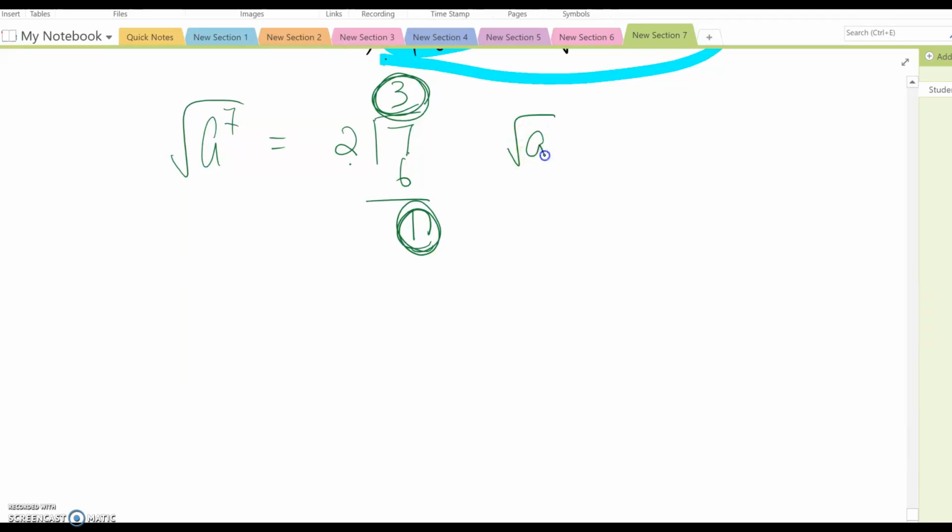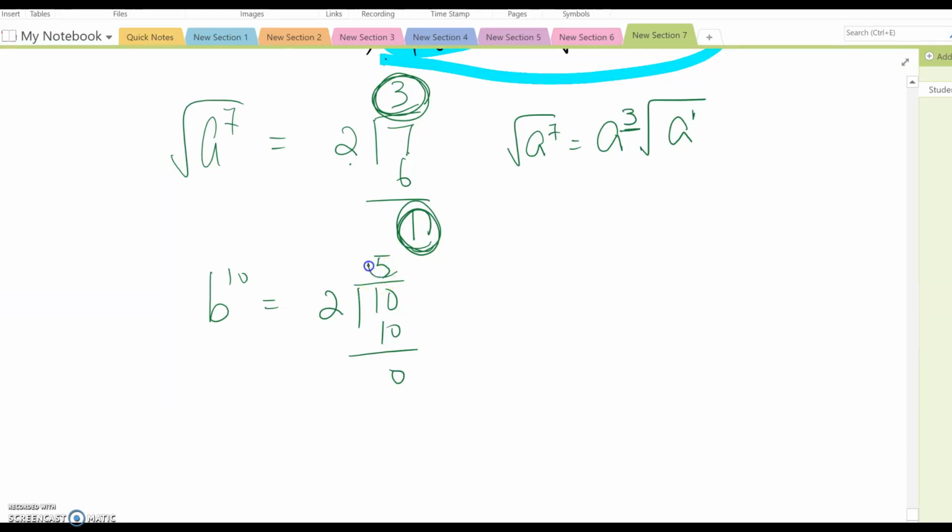So root a to the 7th, you can make a cubed square root a. So 3 power comes out, single power left inside. For b to the 10th, you can divide 10 by 2, which is 5 times. It's evenly divided, which means the 5th power comes out and no power is left. So square root of b to the 10th means b to the 5th power.